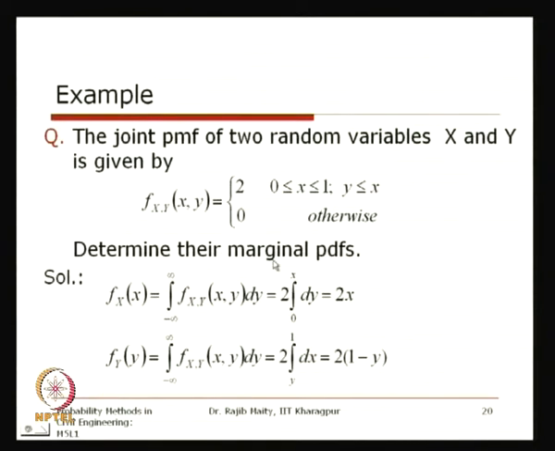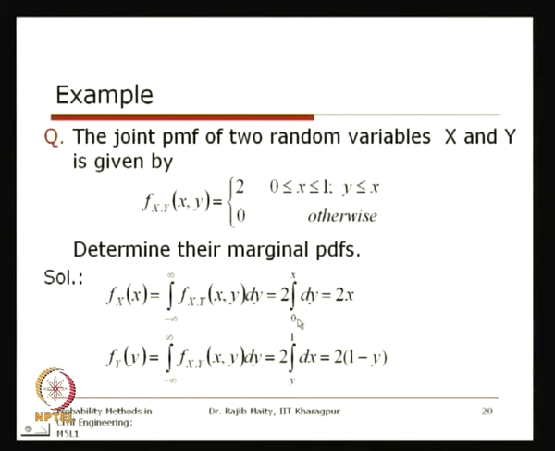So determine their marginal PDFs. Straightforwardly, if we apply our knowledge, we integrate over the entire range. If we want to know the marginal distribution of x, we integrate over the entire range of y, which is from 0 to x.